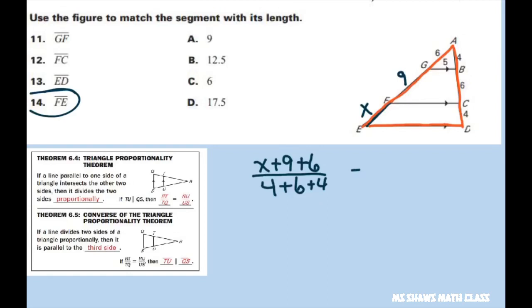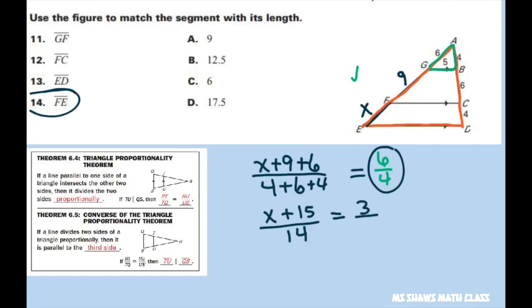It is proportional, and I'll just use this smaller triangle here. And that's going to be, I started with this side, so this is going to be 6 to 4. So let's add everything up. You get X plus 15 divided by 14 equals 6 over 4, which can be reduced to 3/2.